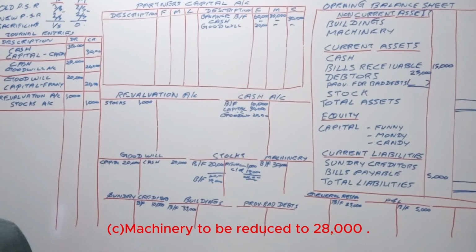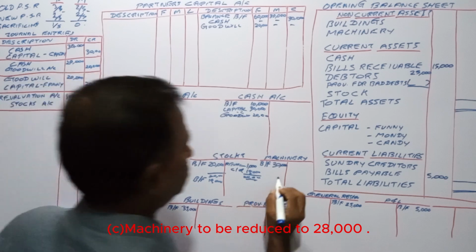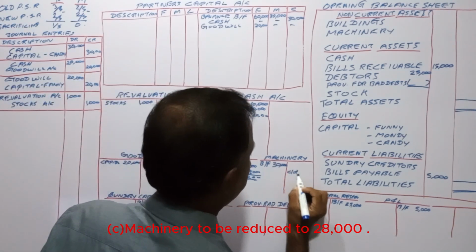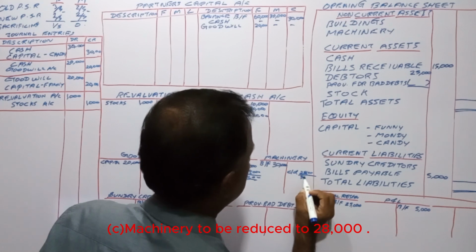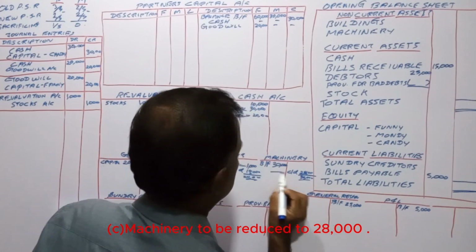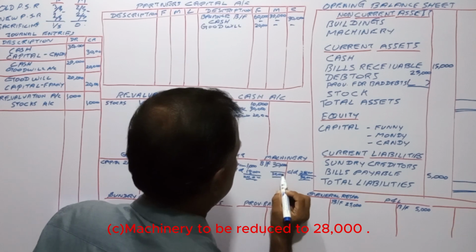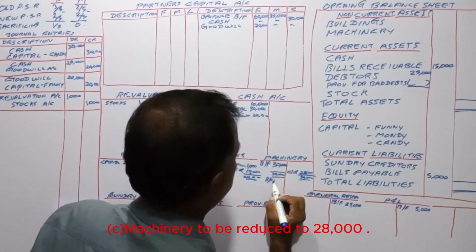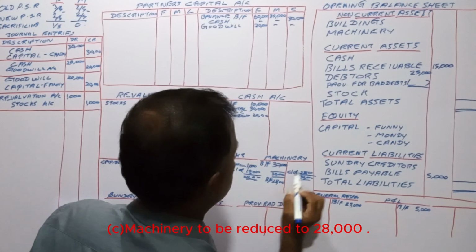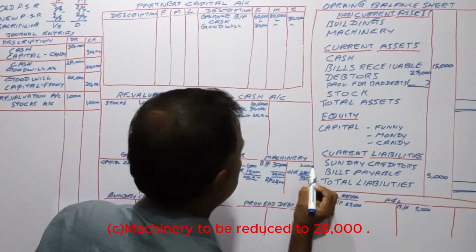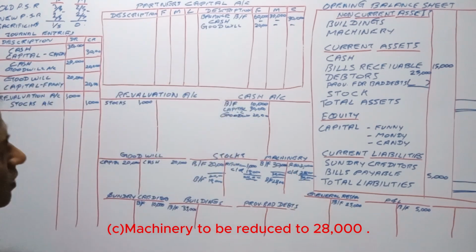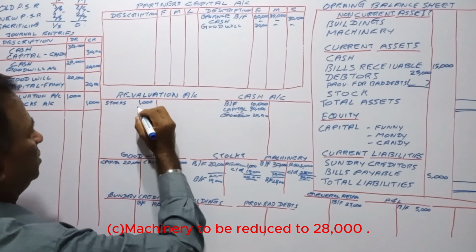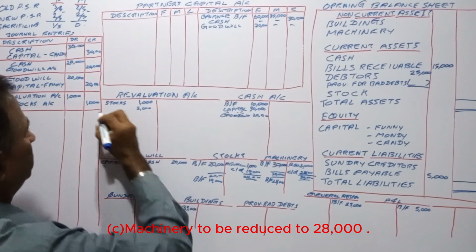What is the next adjustment? Machinery is to be reduced to 28,000, so the carried down value will be 28,000. The brought forward value of 30,000 becomes 28,000, so 2,000 goes to the revaluation account.